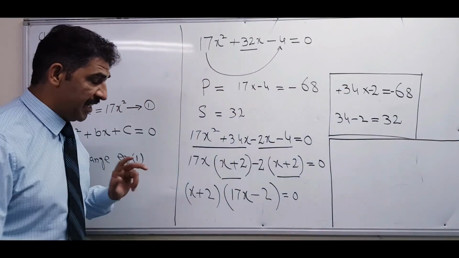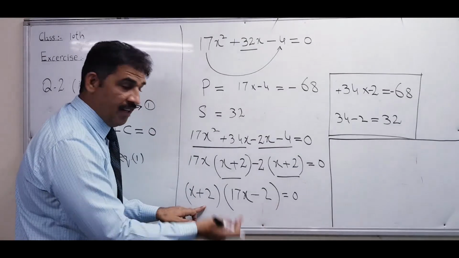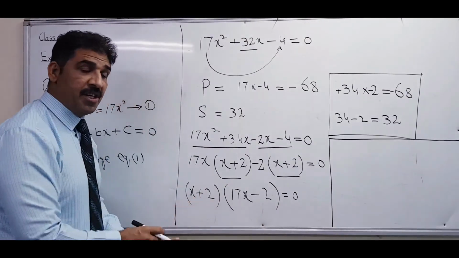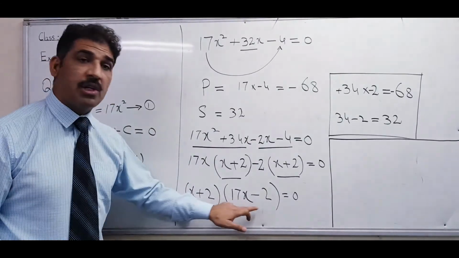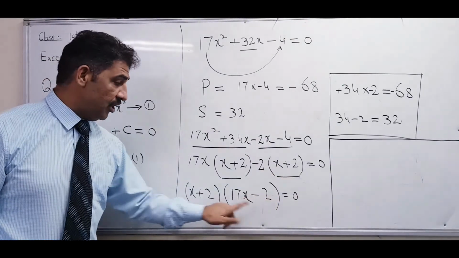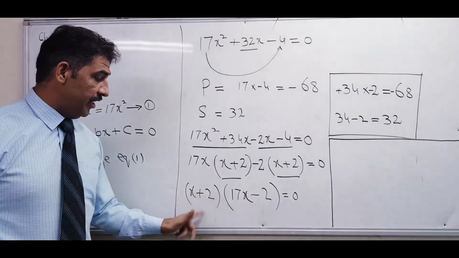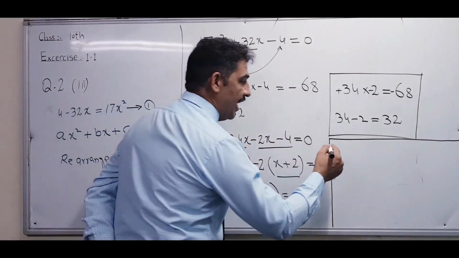One term, because their product is equal to 0. When the product is equal to 0, then one term must be equal to 0. Maybe this term is equal to 0, maybe this term is equal to 0, because 0 times 5 is 0. So that's why we have to solve both terms like that.